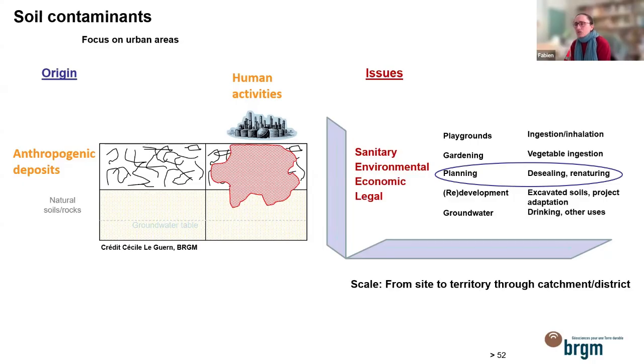And these issues are valid at various scales, from site to territory, through catchment or district. And if we look at the planning scale, for instance, at territorial scale, we need to know more about soil contamination, for instance, for desealing strategies or renaturing strategies. So next slide, please.